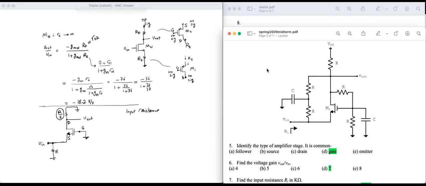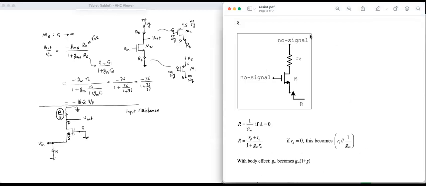So I need, again, to consult the resistance sheet now. What is the input resistance for a common gate amplifier? So this is looking into the source. The input is at the source. Let's see. Oh, here it is. I'm looking into the source of a MOSFET, and there is a resistor, small RD, and then I see RD plus RO over 1 plus GMRO.